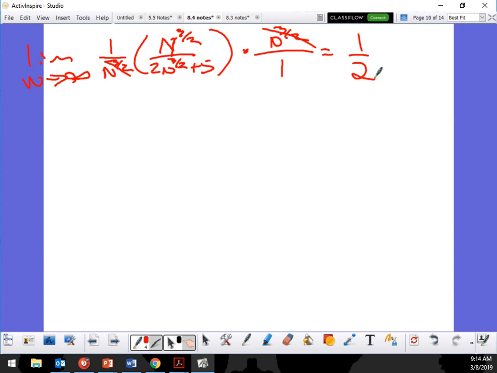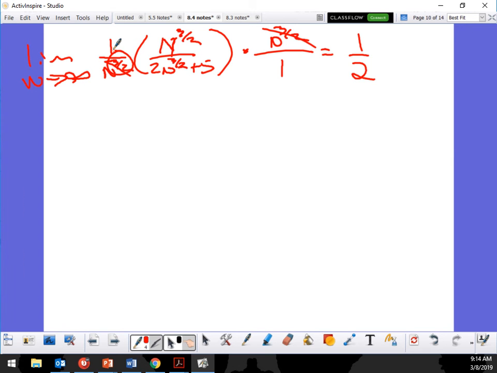Now, is 1/2 greater than 0 and less than infinity? Yes. Did I compare it to a convergent or divergent? This one is going to be convergent because it's the P series, and P is going to be greater than 1, right?